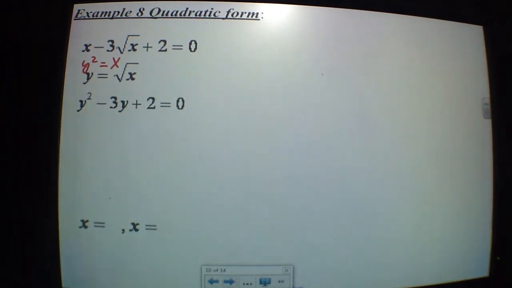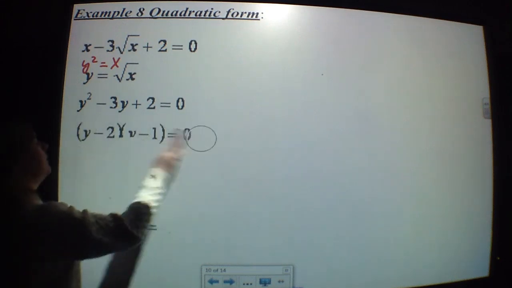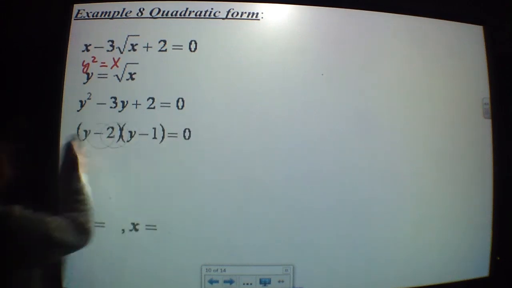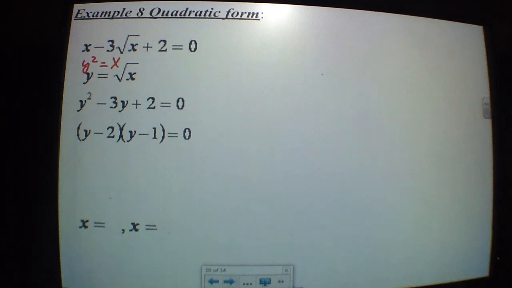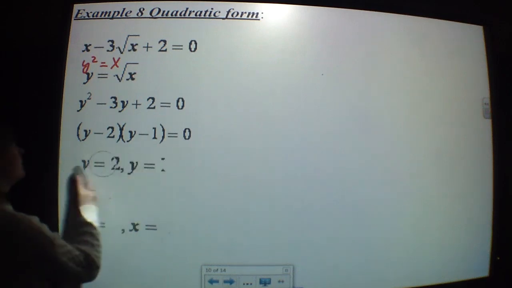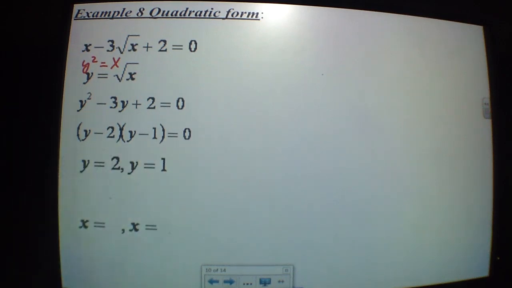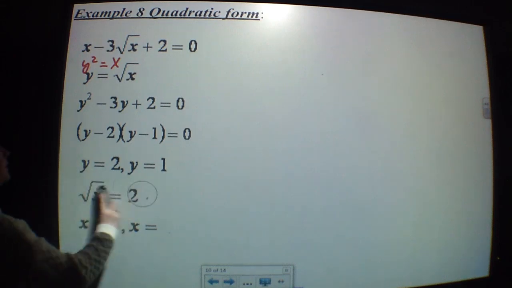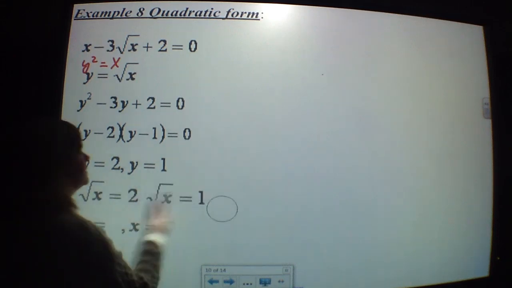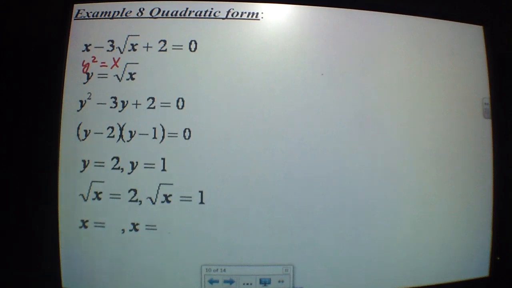It factors into negative 2, negative 1. So y is equal to positive 2, y is equal to positive 1. But I don't want y, I want x. So substitute back in what y is, square root of x. So the square root of x is equal to 2. The square root of x is equal to 1. Square both sides. X is equal to 4.